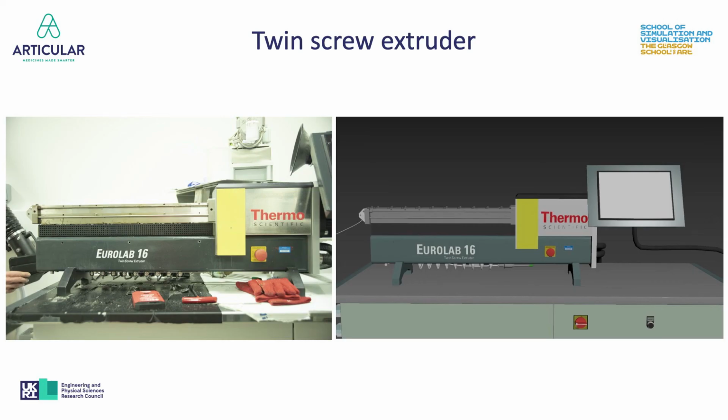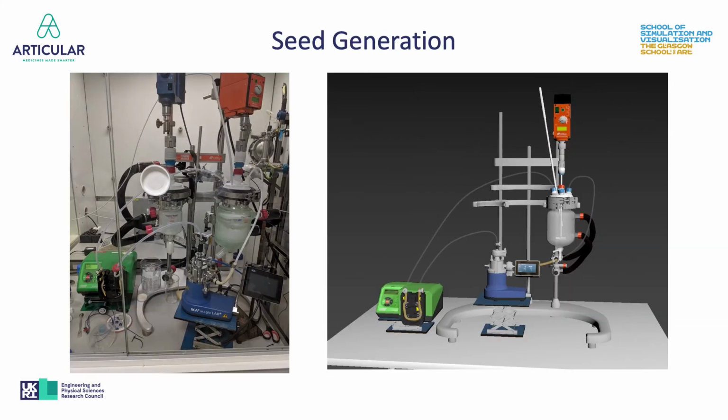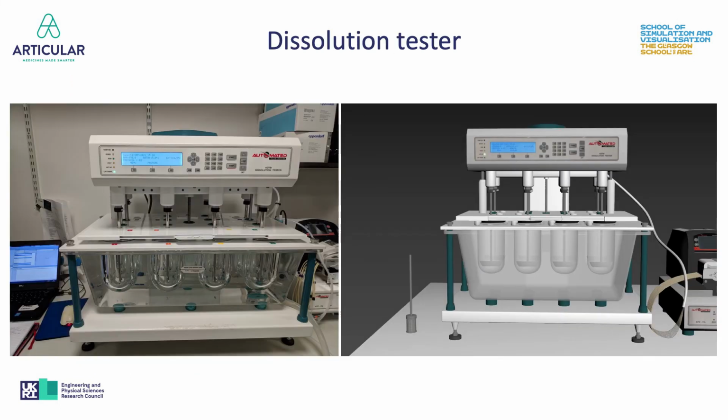You can see, for instance, the twin screw extruder. Here you can see the MSMPR. You can see here the seed generation, the photo and the model, the filter dryer, and the dissolution tester.